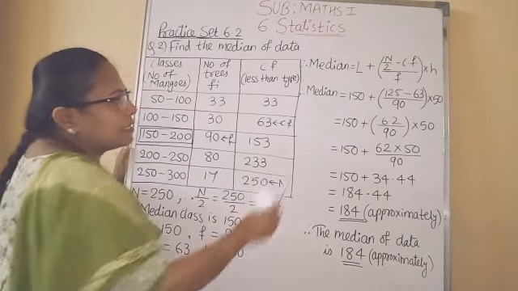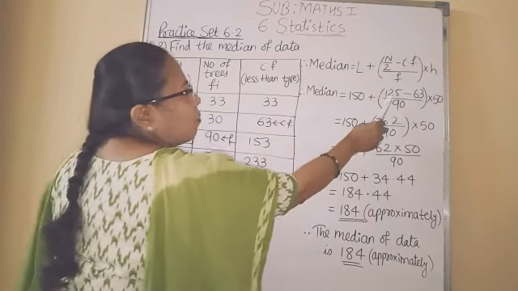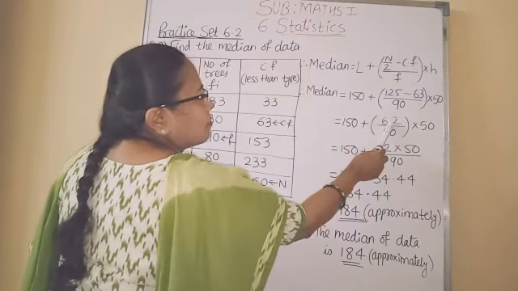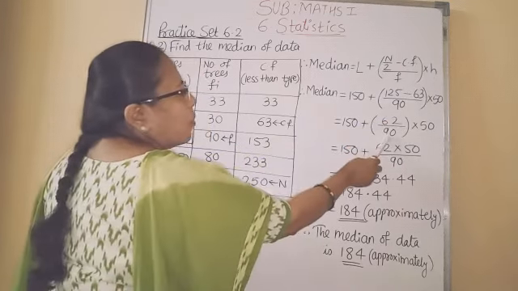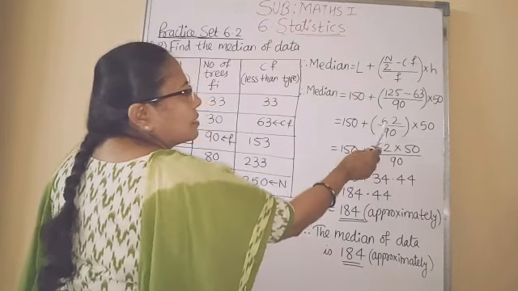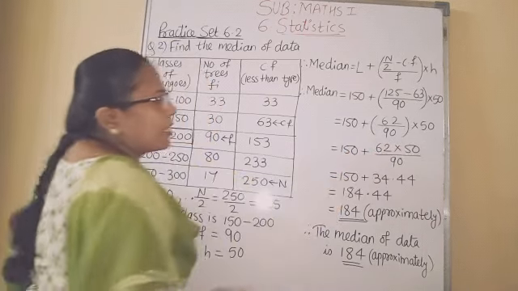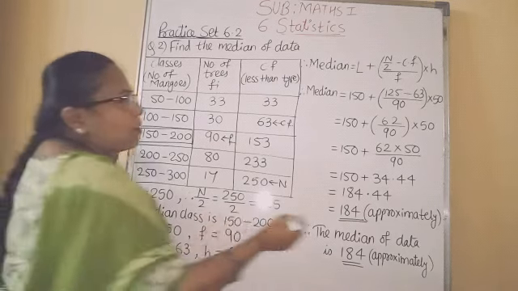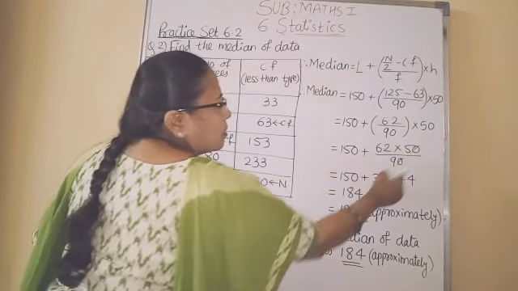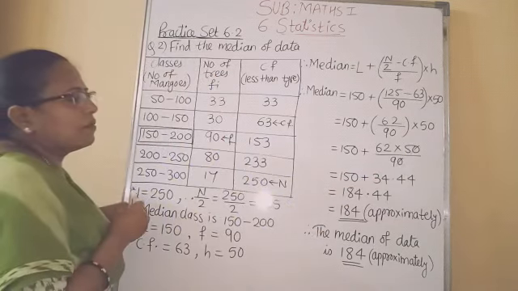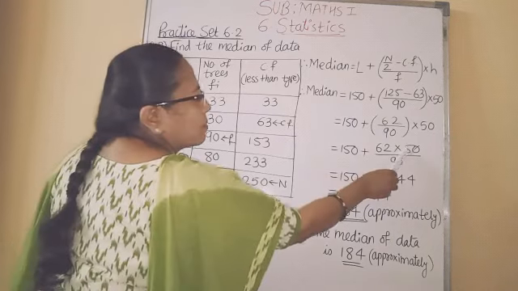Carry 150 as it is plus 125 minus 63, we will get 62 upon 90 into 50. So open the bracket, 62 into 50 divided by 90. Now this 0 and this 0 get cancelled. We will get 62 into 5.